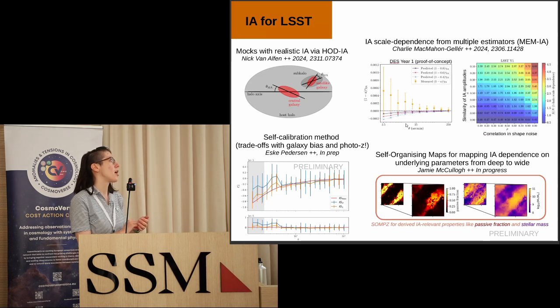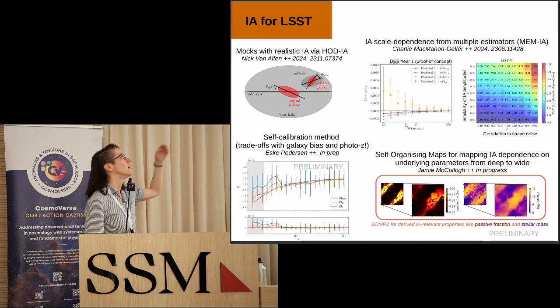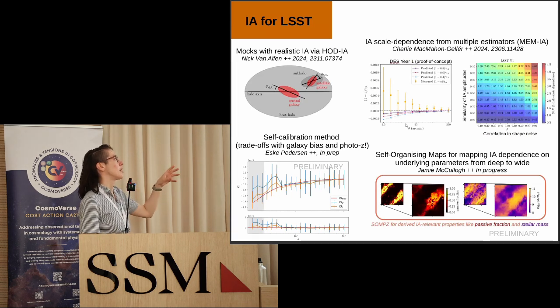So even if you tried to populate realistic alignments on the basis of subhalo shapes, this isn't always possible. One project, led by Nick Van Alphen, a PhD student at Northeastern, developed an HOD-like model that also incorporates a realistic alignment signal with and without subhalo information. This is illustrated with subhalo information, but there is a version without subhalo information that is able to reproduce well the intrinsic alignment signal in hydro sims.